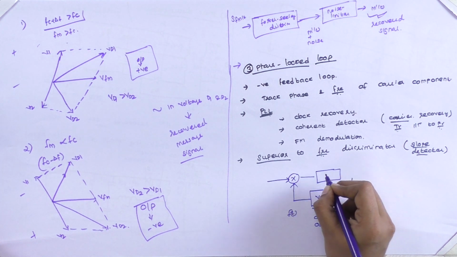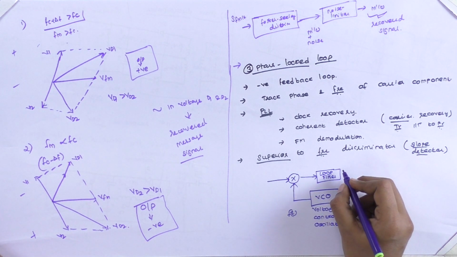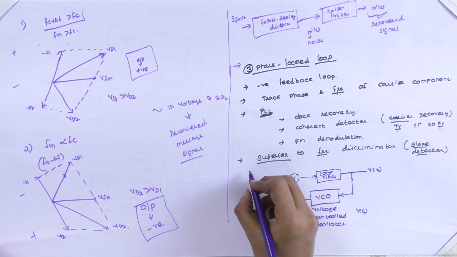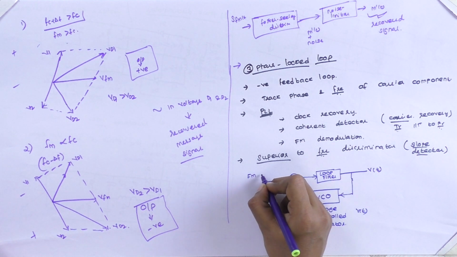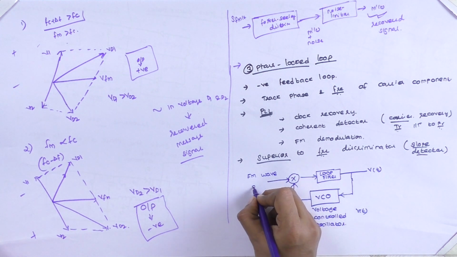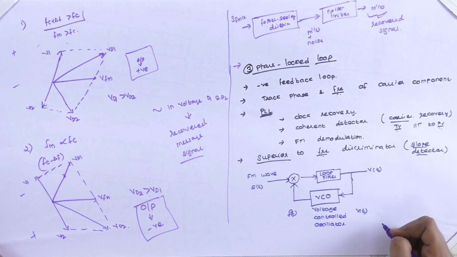Here we have a loop filter. The loop filter is like a low pass filtered version. So this is v of t. Consider this as our demodulated FM signal. This is the general functioning block diagram of our phase locked loop.